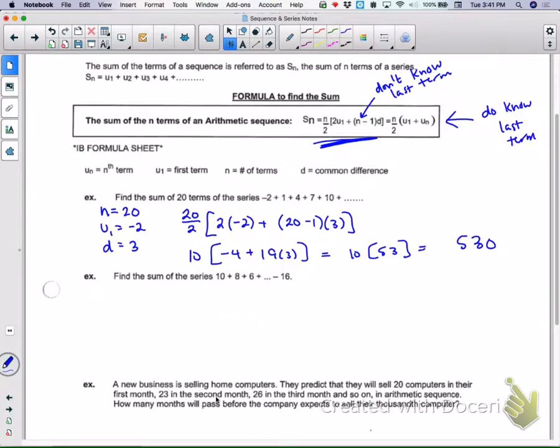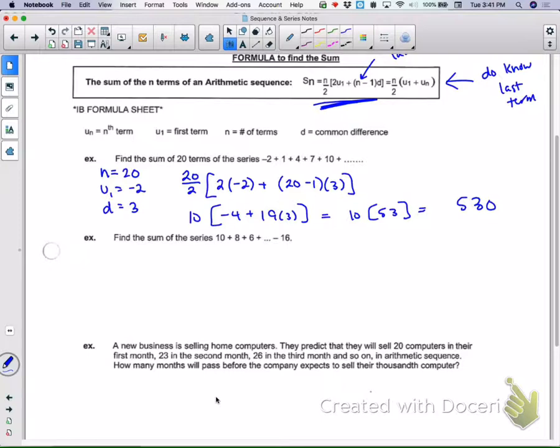Okay. Now, the next one, I actually know the last number. The problem is I don't know what term it is. So I know the last number is negative 16, but I don't know if that's the 10th term, the 20th term, whatever. So I'm going to use the information that I know. My first term is 10. My d value is negative 2. My last term is negative 16. I just don't know what that number is.